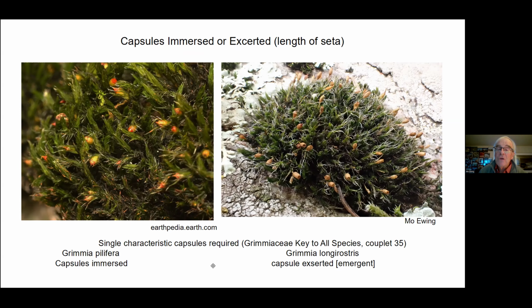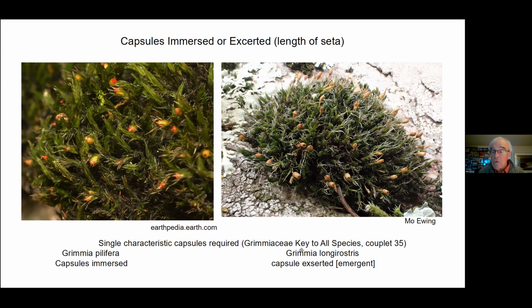And Kelly et al. in Flora Neomexicana actually has three keys for Grimmia. One of them is the Grimmiaceae key to the genera, because there are several genera in Grimmiaceae. And in that key, a lot of characteristics are single characteristics of sporophytes.